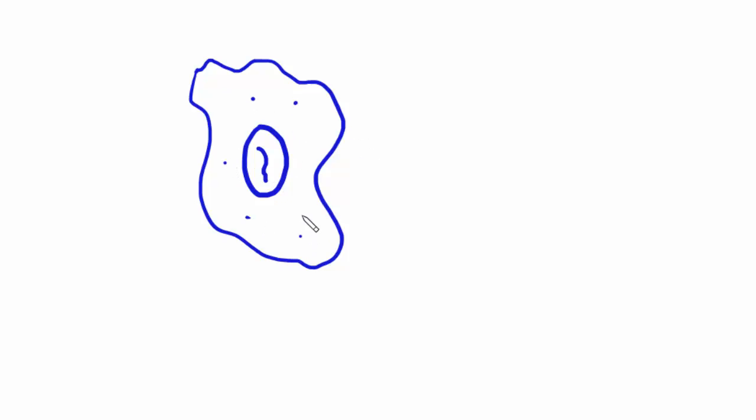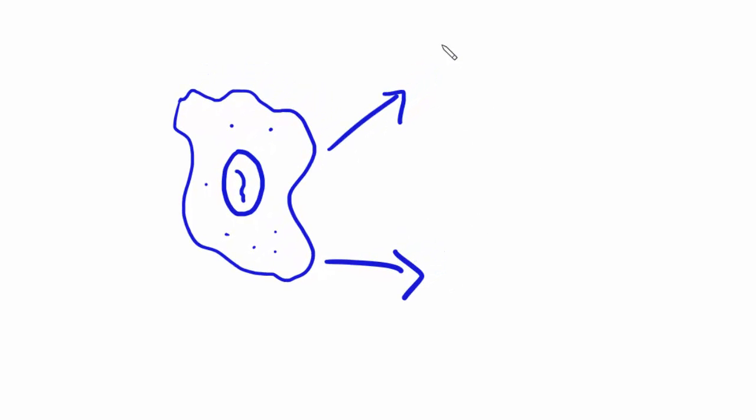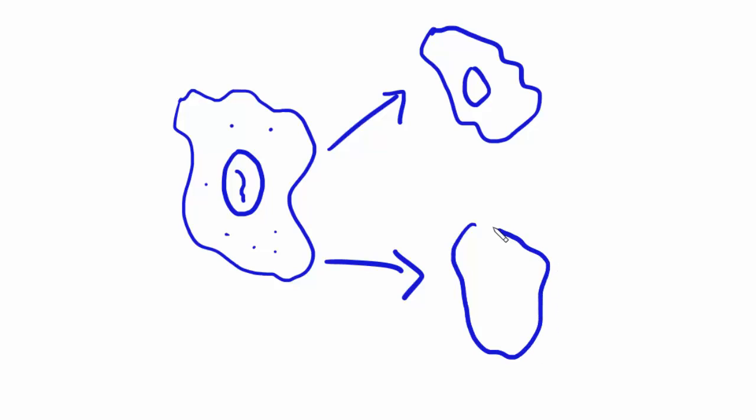At some point in time, this cell is going to divide, and it's going to use the process called mitosis to do that. So here we have another cell over here. This is going to be a daughter cell, and another cell over here. This is going to be another daughter cell. Each of those has to inherit that one chromosome. So I'm going to draw a chromosome in here, and draw a chromosome here.